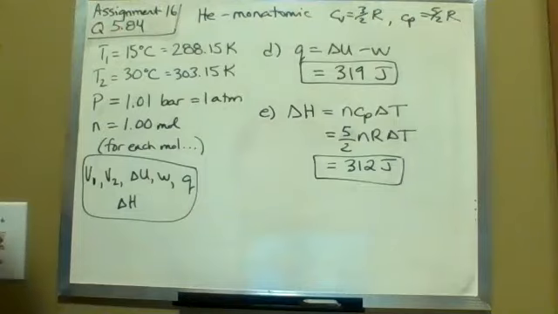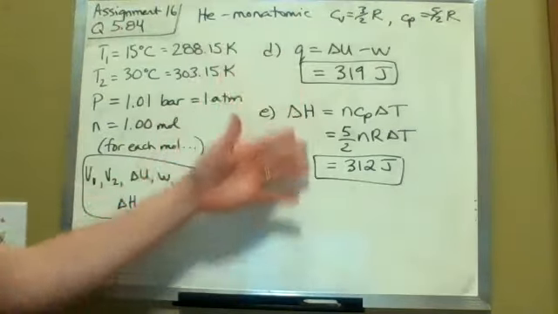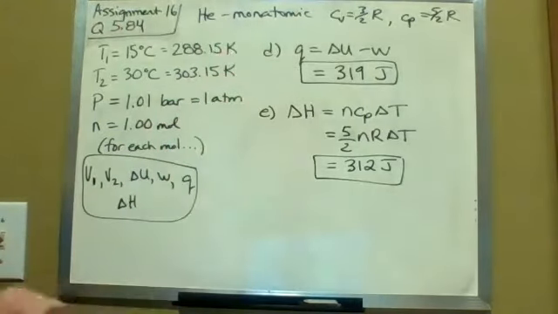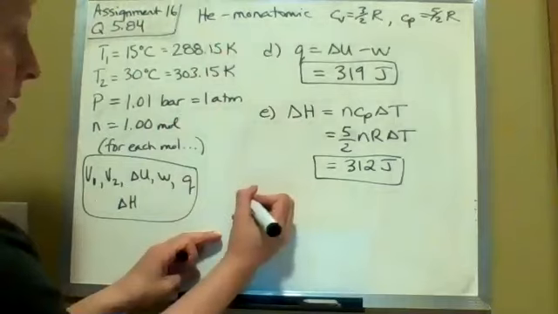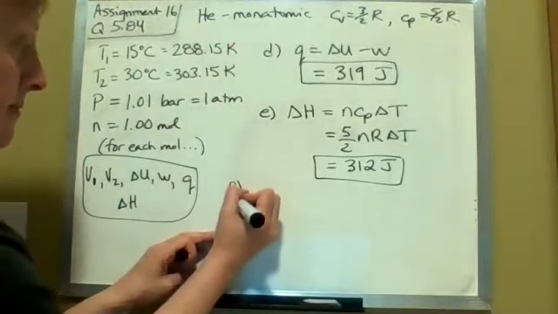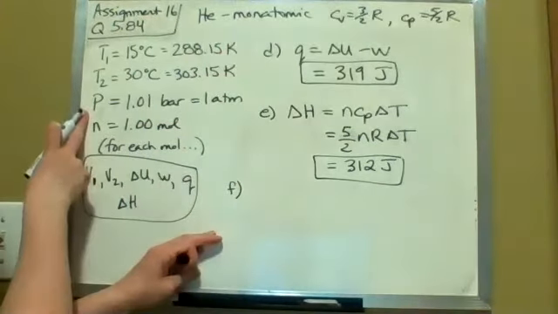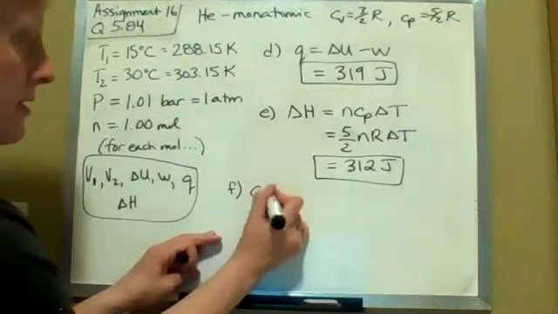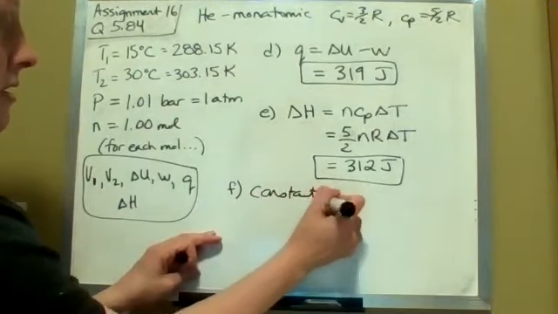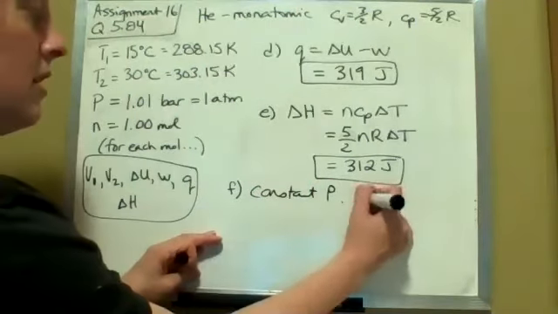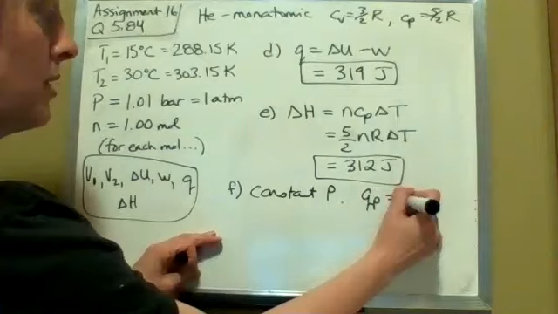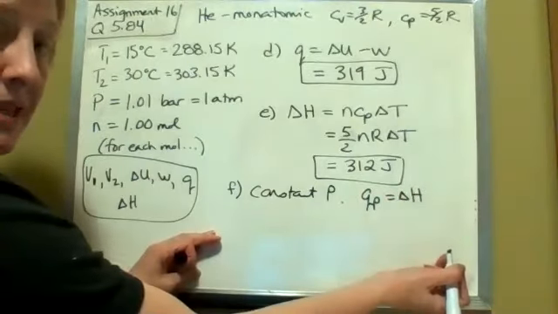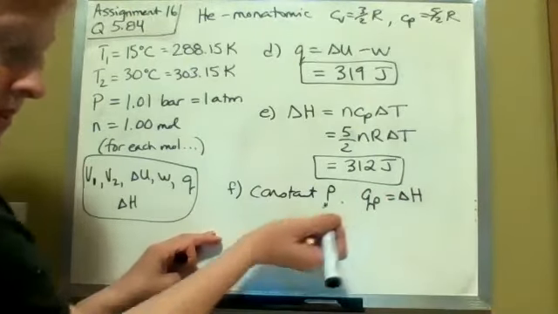Part F is asking you to comment on the similarities here. If you think back to what type of process this is, you're told that the pressure is remaining constant, so this is a constant pressure process. Heat at constant pressure is delta H, so they should be the same.